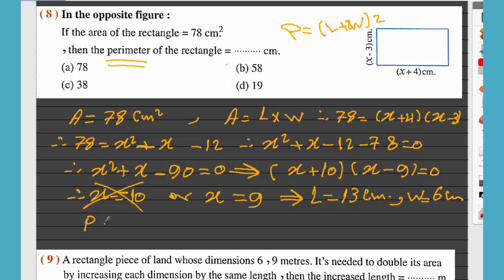And the perimeter equals length plus width, all multiply 2. 13 plus 6 is 19, multiply 2, which equals 38 centimeters. And the solution is in letter C.